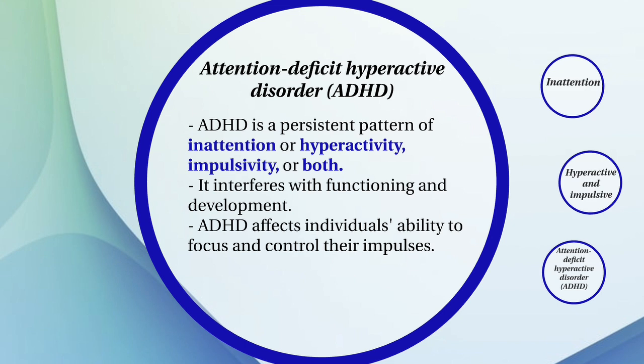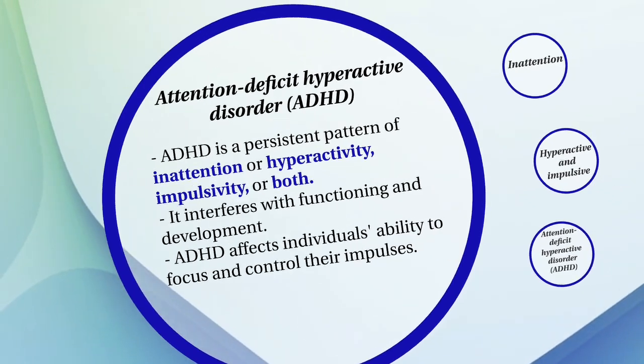Three types: inattention, hyperactivity and impulsivity, or both, which is a mixture. It has to interfere with functioning and development, otherwise it would not be a disorder, right? ADHD affects the individual's ability to focus and control their impulses.